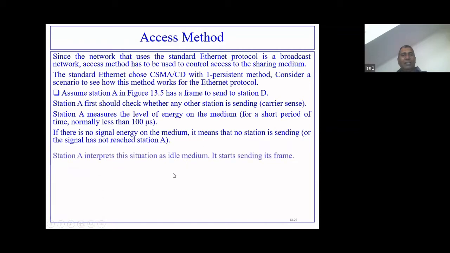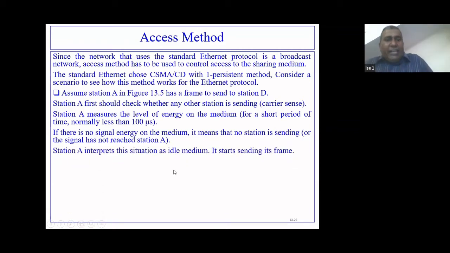Here, let us see, station A will always measure the level of energy on the medium for a short period of time, say 100 milliseconds. So every 100 milliseconds, as I was showing through arrows, the sending host will check the medium for the presence of voltage, for the presence of an electromagnetic signal.